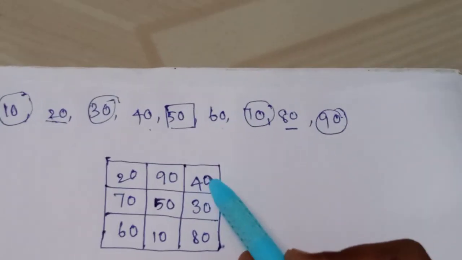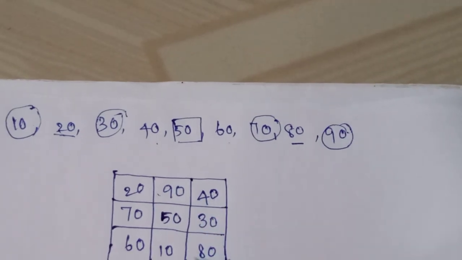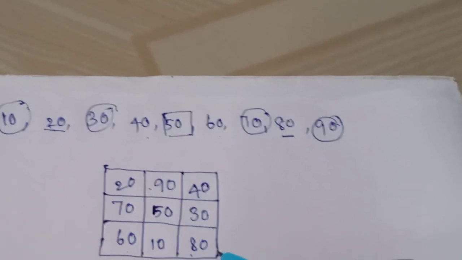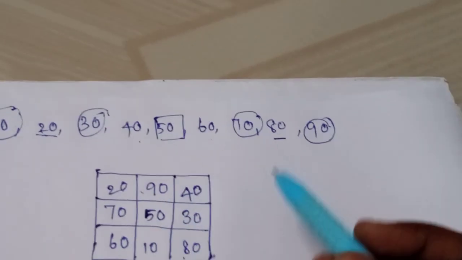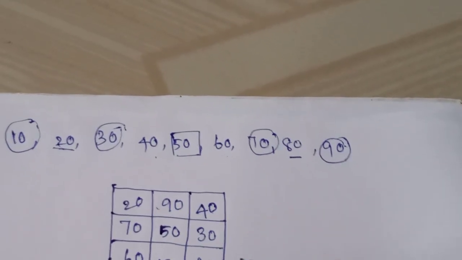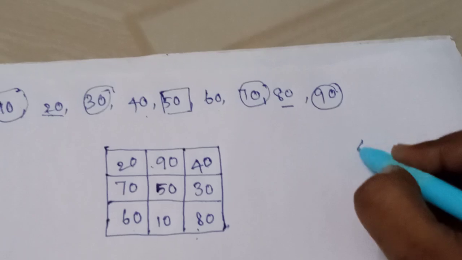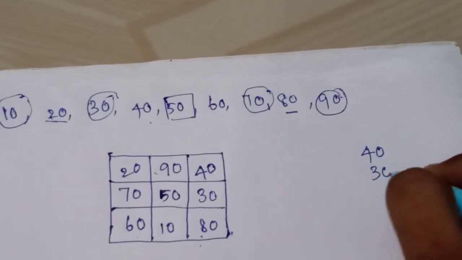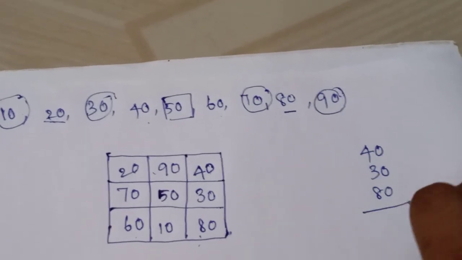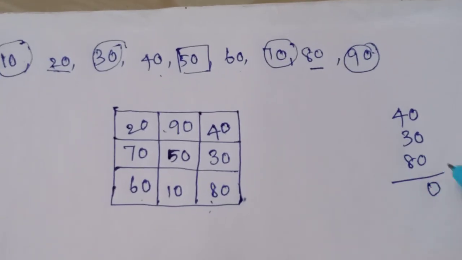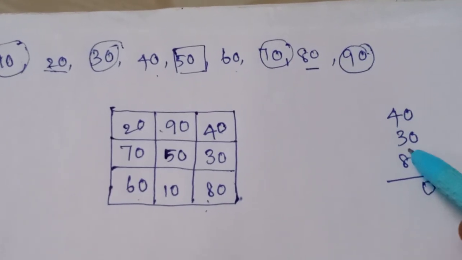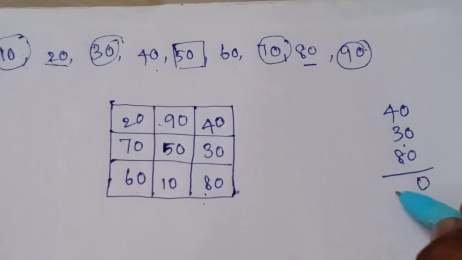Now if we add any of these three boxes, you have to get the same number. Whatever you add, you have to get the same number. So now we will add this one: 40, 30, 80. Write 0 here. 4 plus 3 is 7, 7 plus 8 is 15.